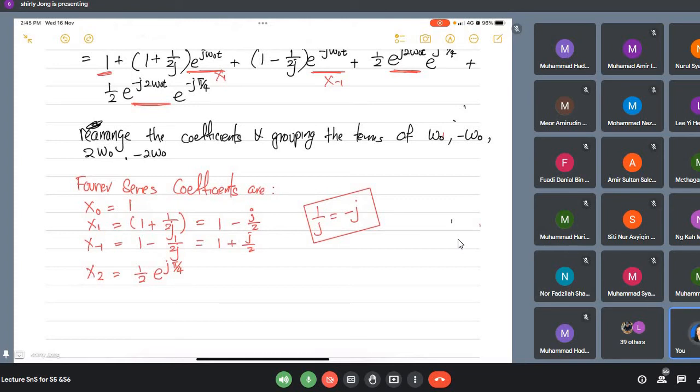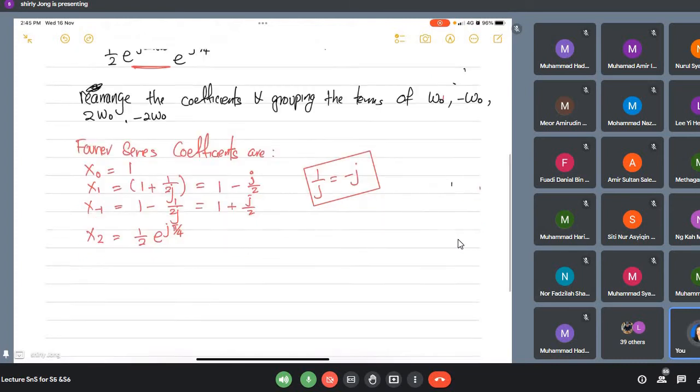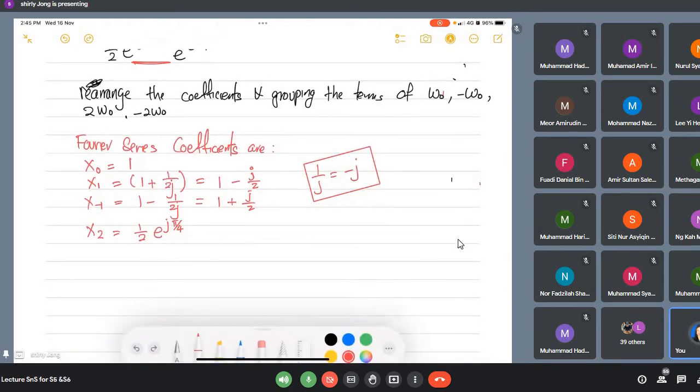Because later on you need to find the magnitude and the phase, right? You need to change to a complex number. So let me show you here. You can change it using the Euler formula, from the exponent to the cos and sine.